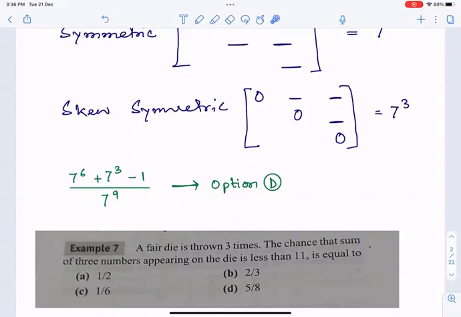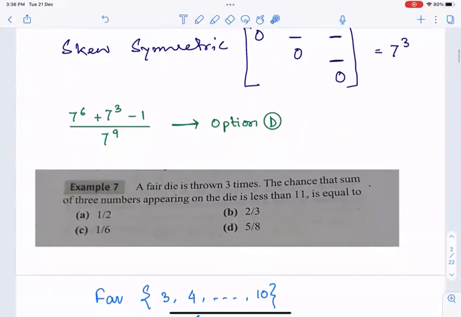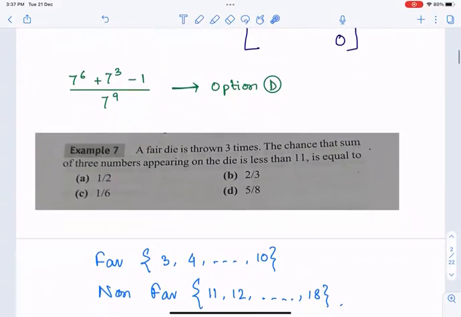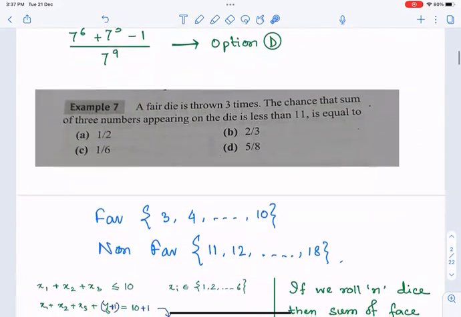For this particular question, if we try to solve it in general, we can think of our favorable cases as sums 3, 4, 5 up to 10, and non-favorable sums are 11, 12 up to 18. This information itself can be sufficient, but how, we will discuss later. Firstly, I am going for the general process.